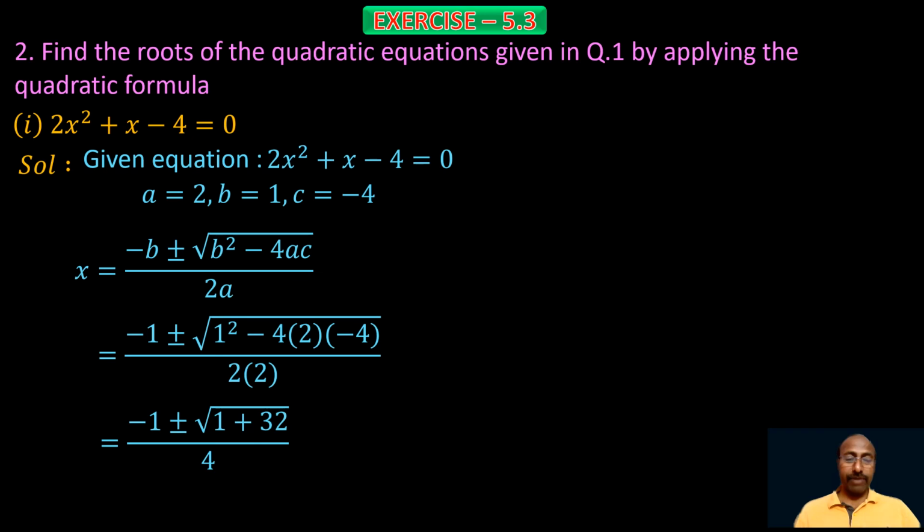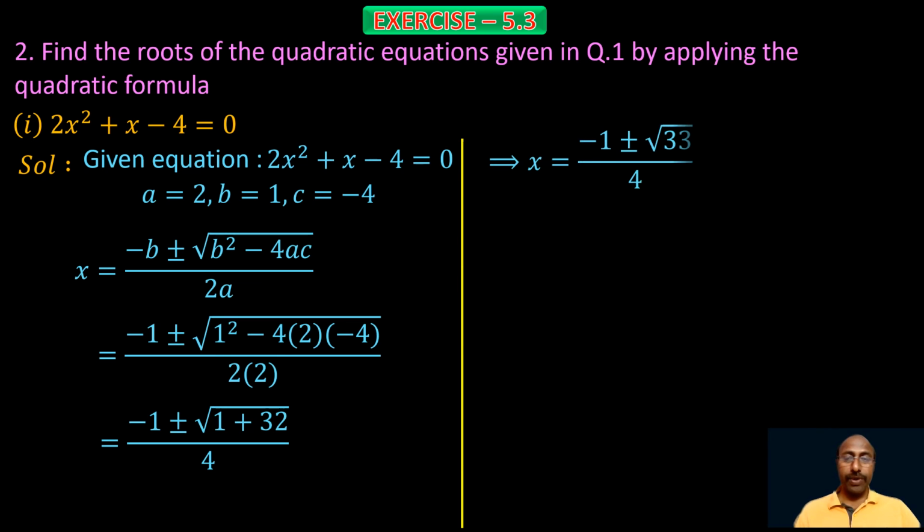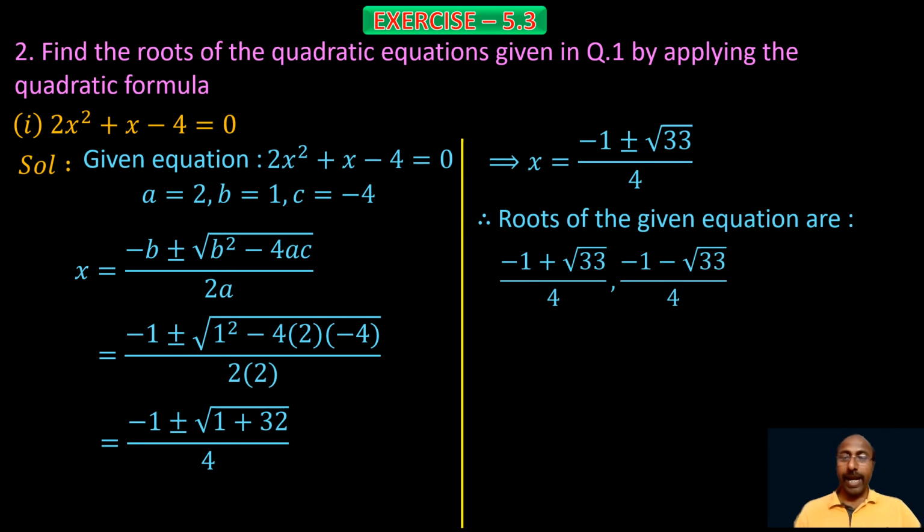It is minus 1 plus or minus 1 square is 1, and minus 4 into 2 is minus 8. Minus 8 into minus 4 is plus 32, and in the denominator 2 into 2, 4. So from this we can write x equal to minus 1 plus or minus under root 1 plus 32 is 33 by 4. Therefore, the roots of the given equation are minus 1 plus root 33 by 4 and minus 1 minus root 33 by 4.